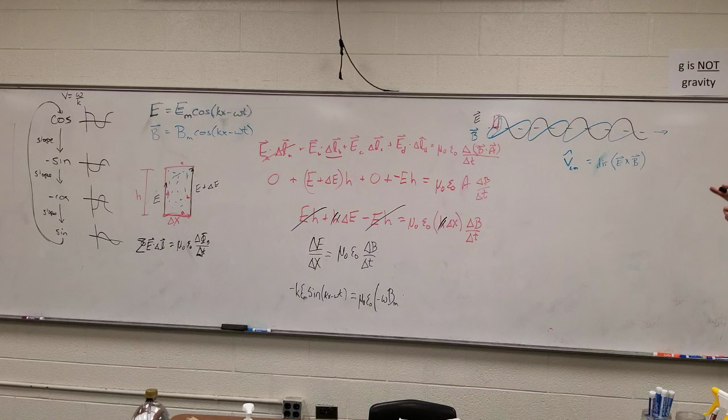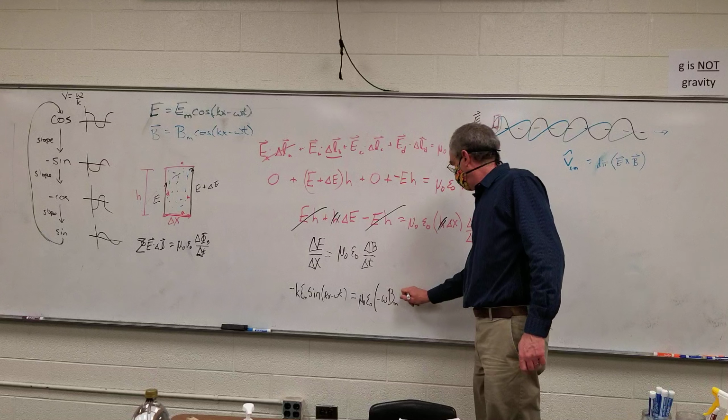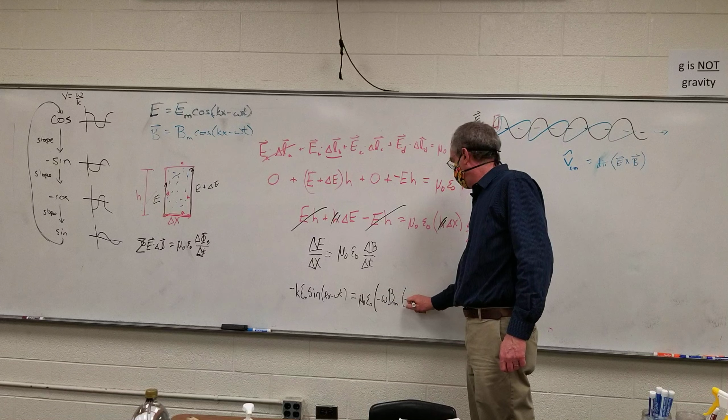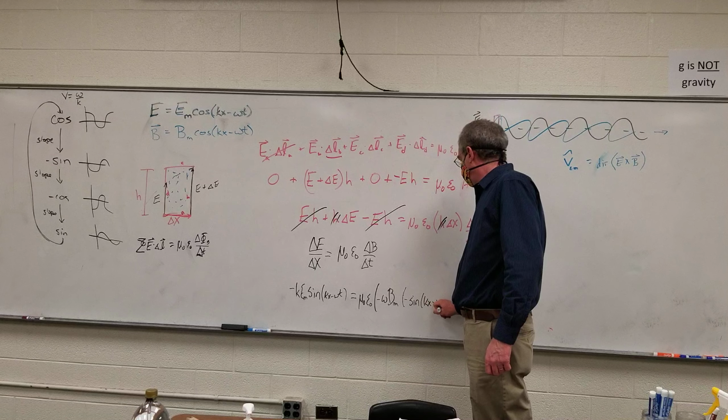That's right, those go away. That's all good. This sine becomes negative sine. Where did my negative go? So then you would have negative sine of kx minus omega t.